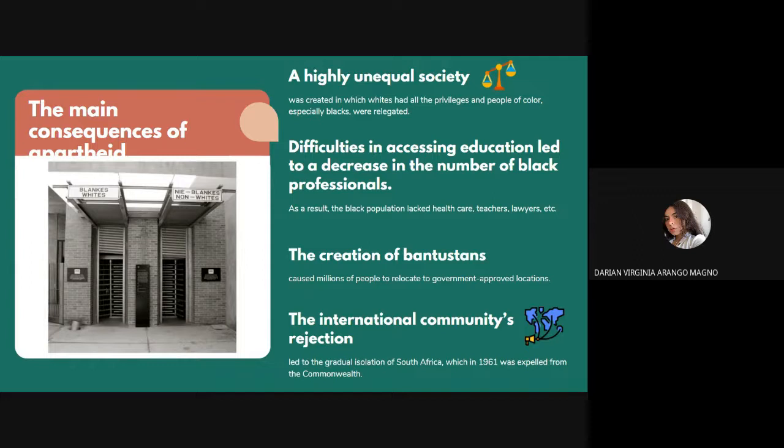This was the cause of a prolonged economic crisis. In the 1970s, the International Olympic Committee banned South Africa from participating in the Olympics. And finally, thousands of people were imprisoned, tortured, and even killed for demanding respect for their rights.